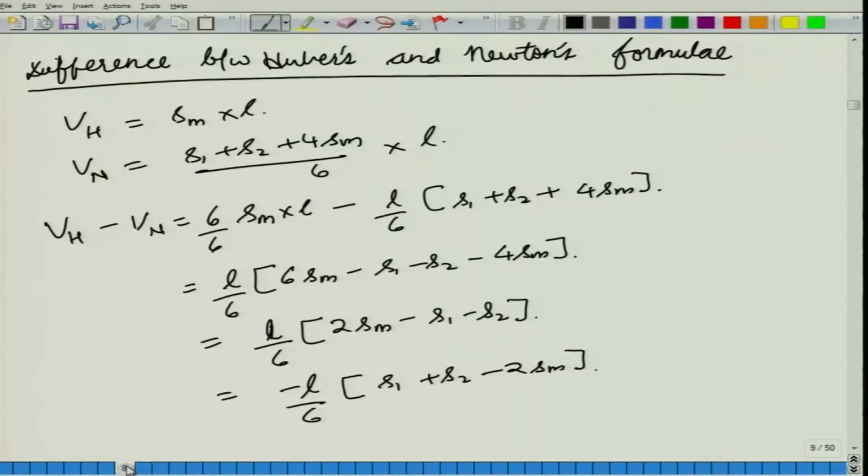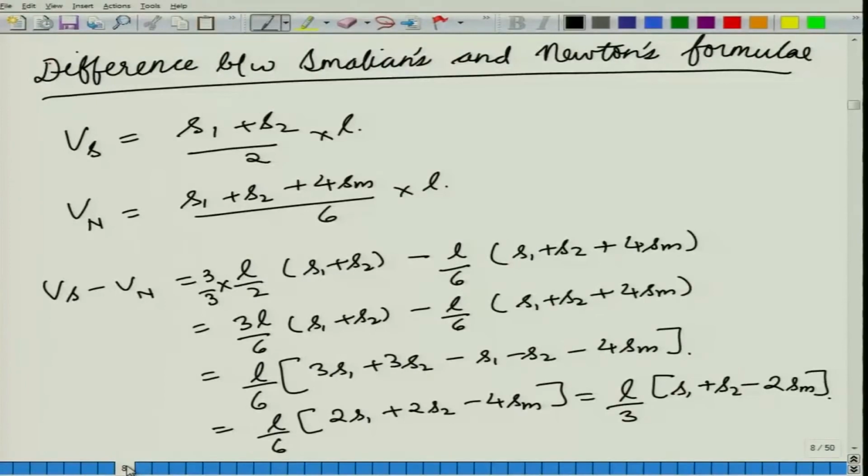Now, if you look at the previous page, there we had calculated the difference as L by 3 (S1 plus S2 minus twice of Sm).